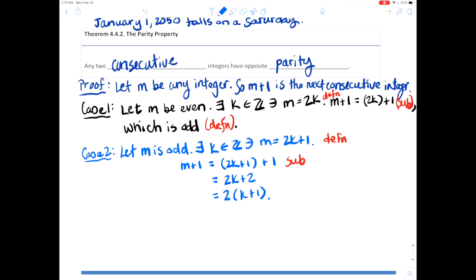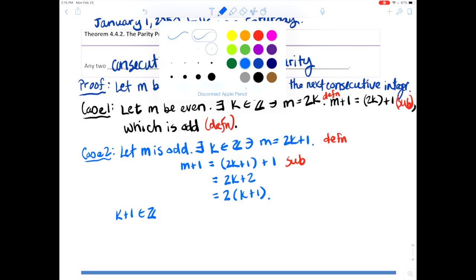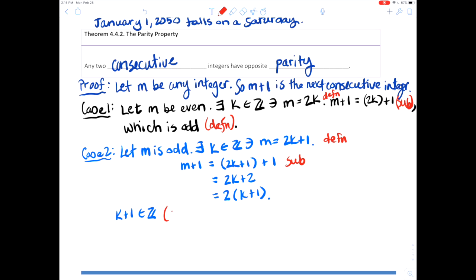Well, k plus 1 belongs to the integers, and that is just by closure. When you add 2 integers, you get out another integer, right?